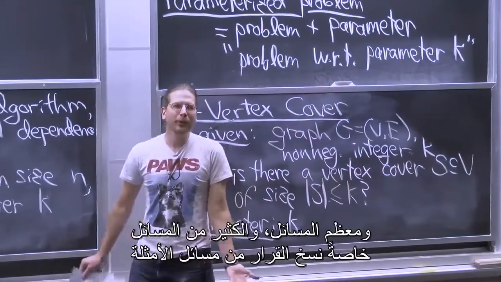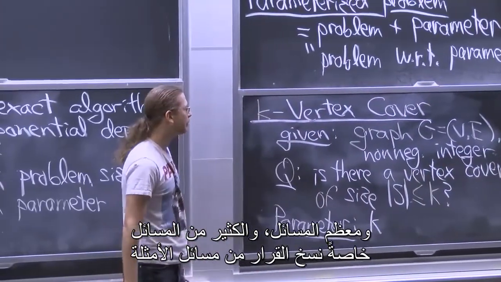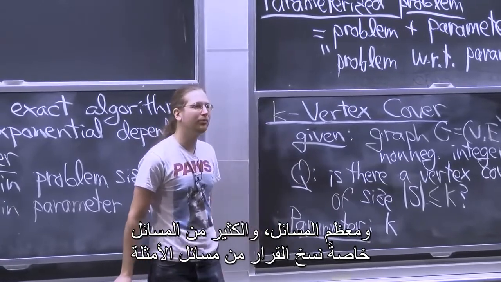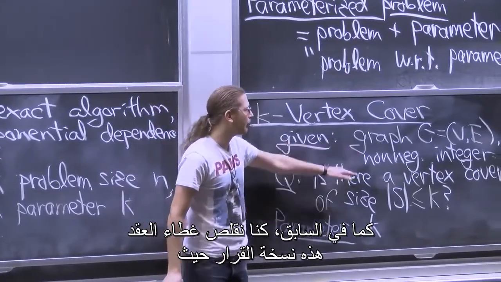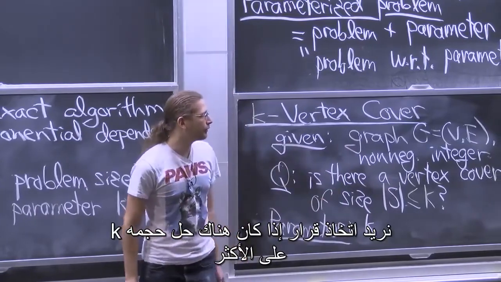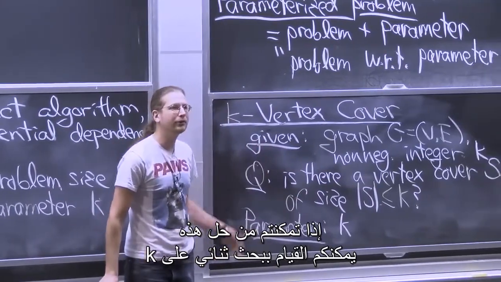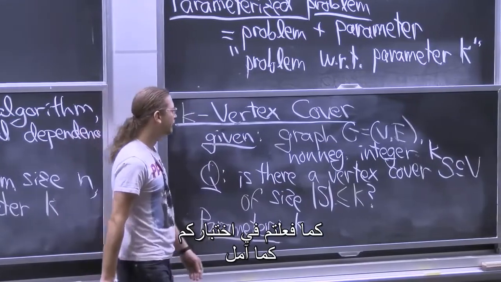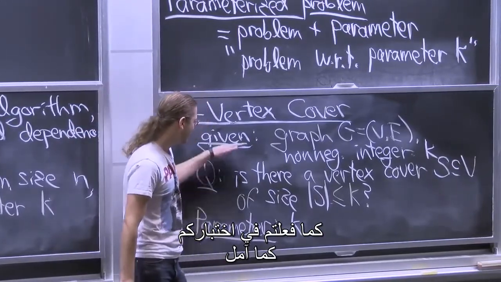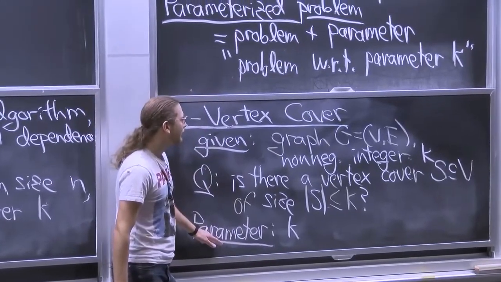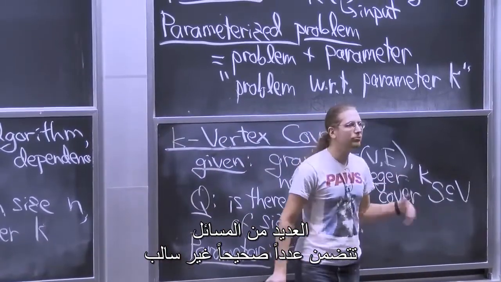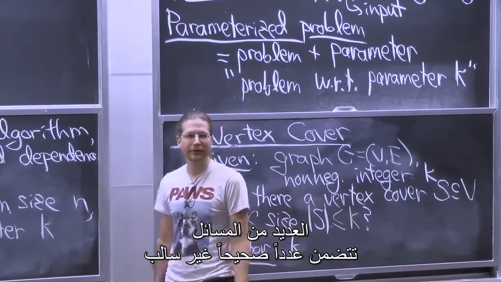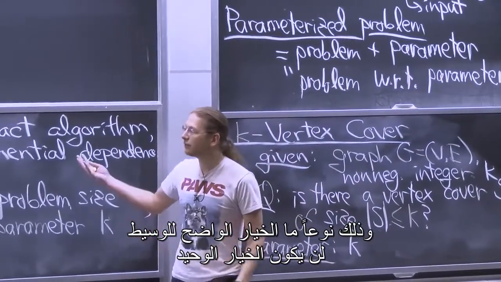Okay, and a lot of problems, especially decision versions of optimization problems, like before we were minimizing the vertex cover. This is the decision version where we want to decide whether there's one of size at most k. If you can solve this, of course, you can binary search on k, like you did in your quiz, hopefully. That's all good. And a lot of problems have some non-negative integer floating around, and that's the obvious choice for the parameter.